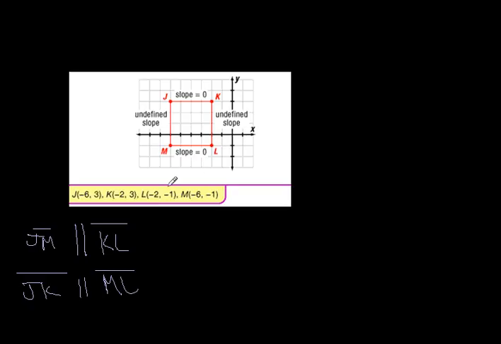So now the next step I like to do is break my information up into sections. Let's look at line JM. Is it perpendicular to any lines? Well, you see that line JM is actually perpendicular to line ML, because there's a right angle being formed right here.